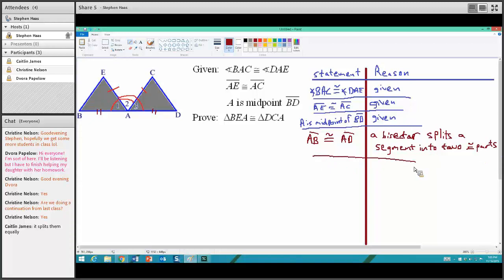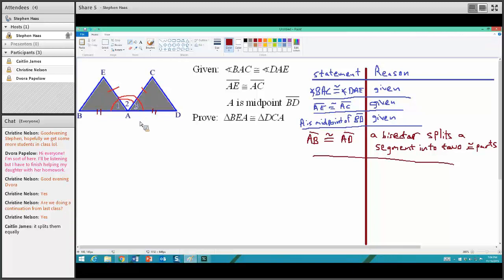Okay, now we've got a side and another side. How are we going to prove congruence? Well, we can either get the third side, I don't really see any way to prove that, or we can get the angle in between them. And of course, can we get the angle in between them? The answer is yes. We have this whole angle equaling this whole angle, in other words, BAC equaling DAE.